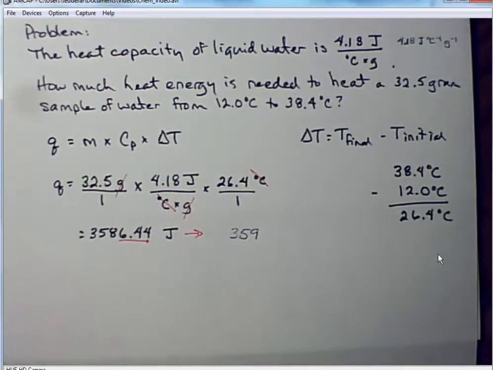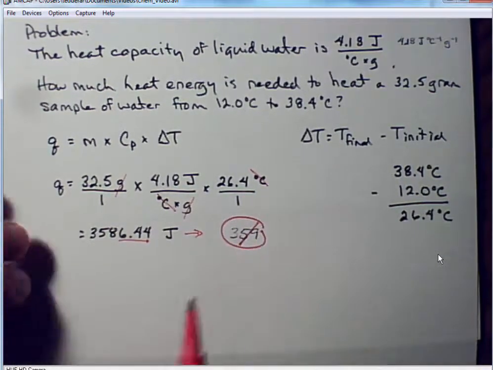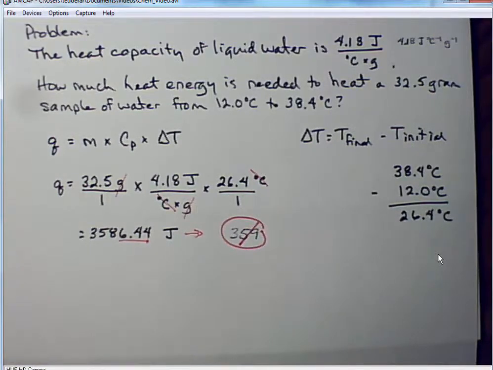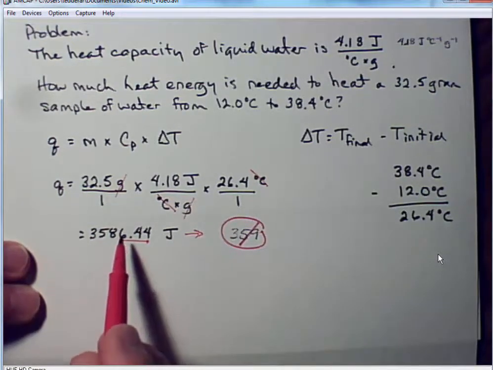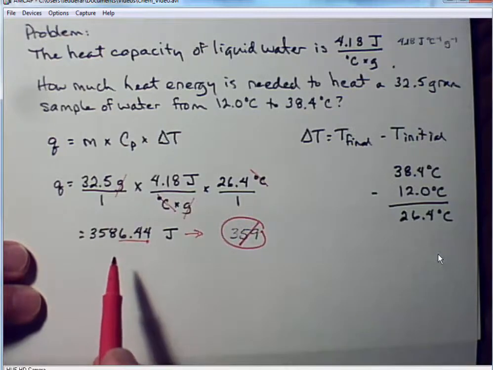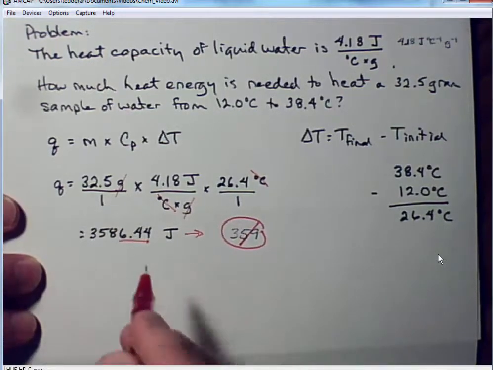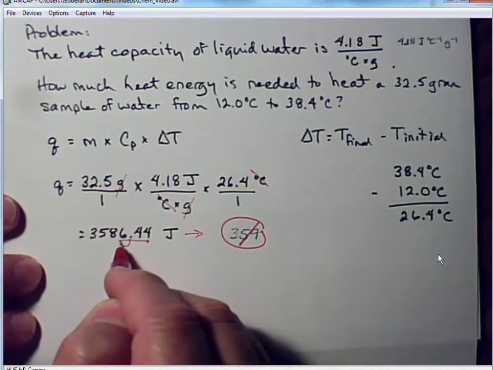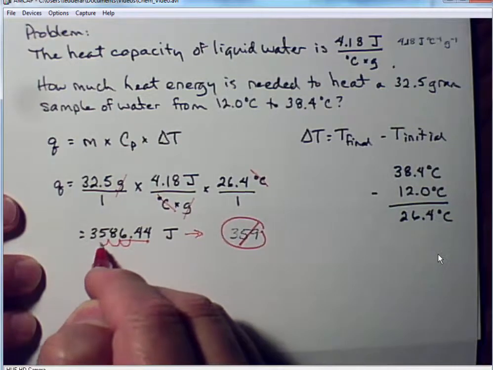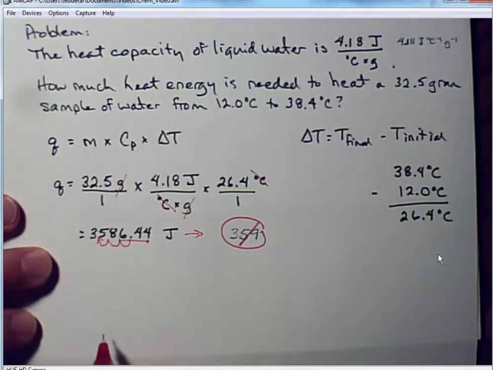So this is not the correct answer. What we have to do is, anytime we're getting rid of a number in the ones place, like this 6 here, we have to write the answer in scientific notation in order to get a correct final answer. So we're going to move the decimal place to the slot between the first and second significant digits right there.